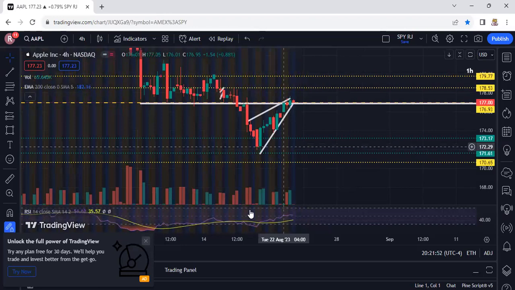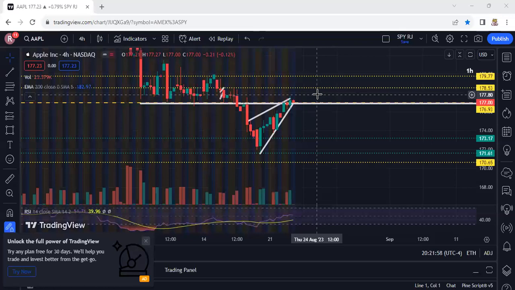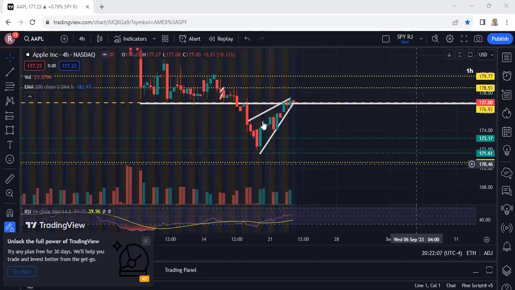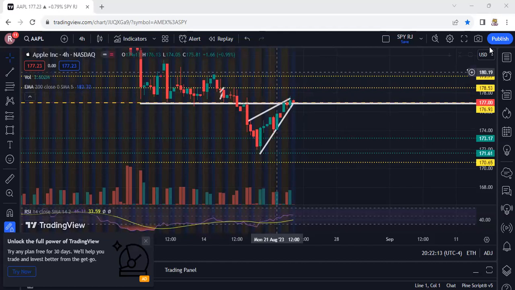The rising wedge. Mm-hmm. Yep. Exactly. We have a rising wedge pattern on Apple, right? And I see, say, pennant. All right. So let me show you the difference right here between a pennant and a wedge, right?